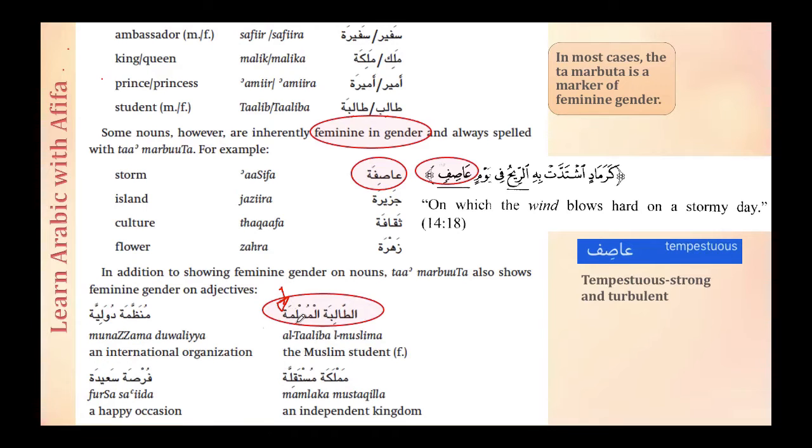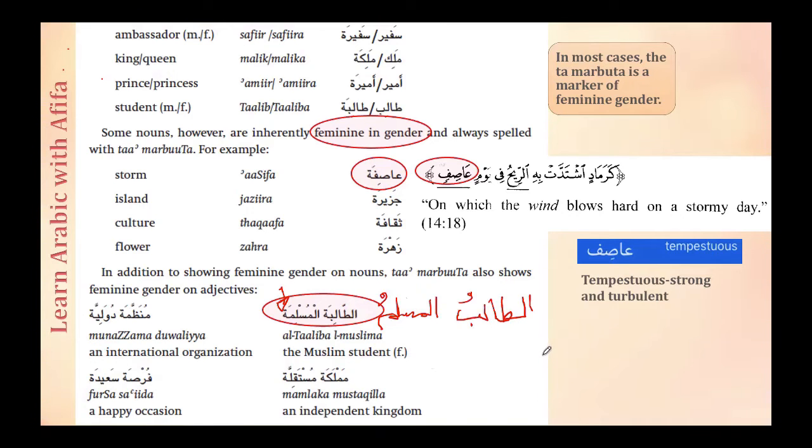It would be al-Muslim. So we could write it like this. If it was masculine, we would write at-talibu al-Muslim. That would be masculine, the Muslim student.